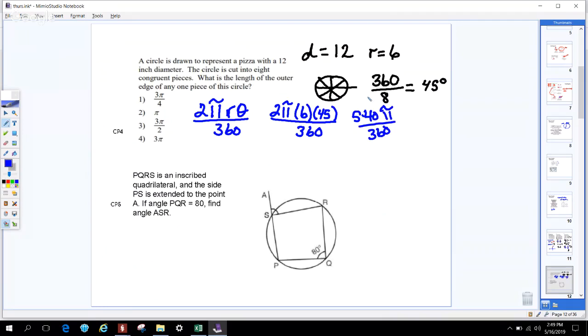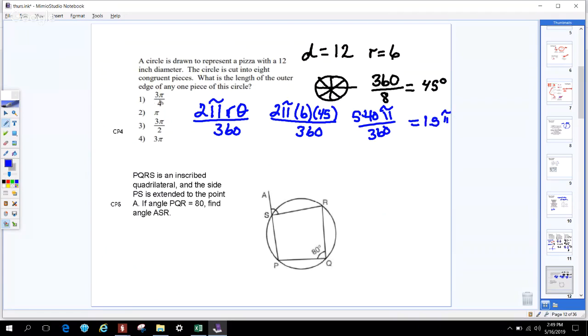Let's say you stink when it comes to reducing fractions. What you can do is ignore the pi and get the decimal. If I type in 540 divided by 360, that gives me 1.5. And then pi.